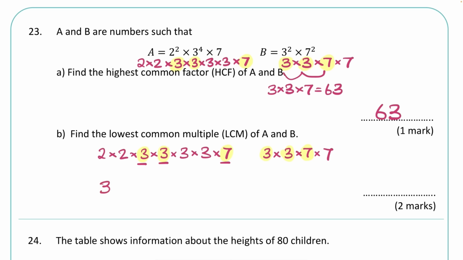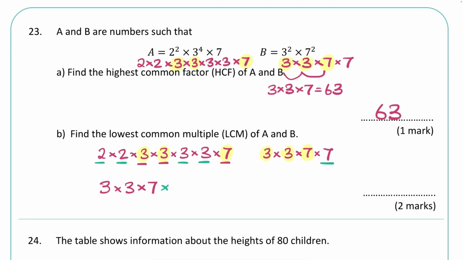So 3 times 3 times 7 would obviously give us the highest common factor. So to find the lowest common multiple, we also have to multiply by every other number there that's not highlighted. So 2, 2, 3, 3, and the 7. We just don't ever, in either of these scenarios, use the doubled up versions that we've highlighted in both.